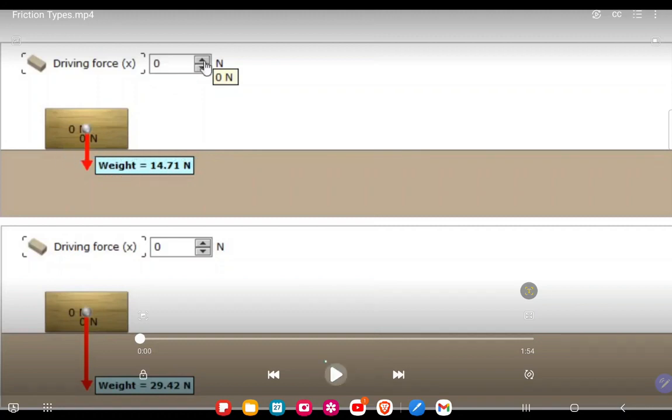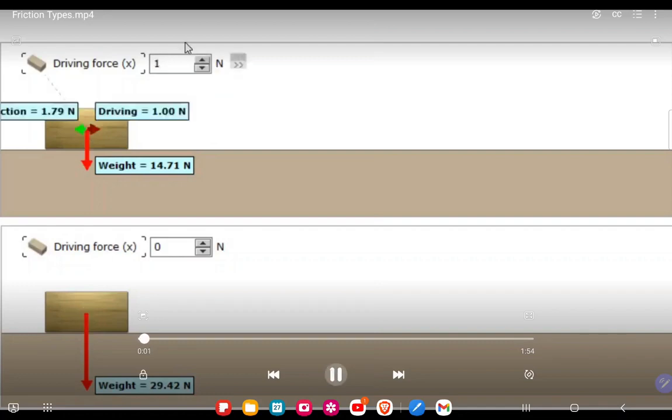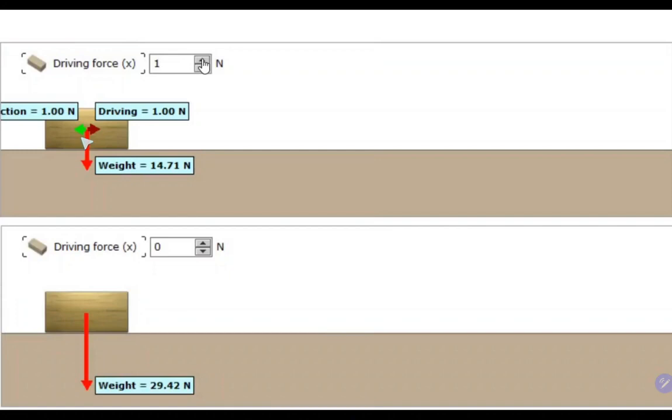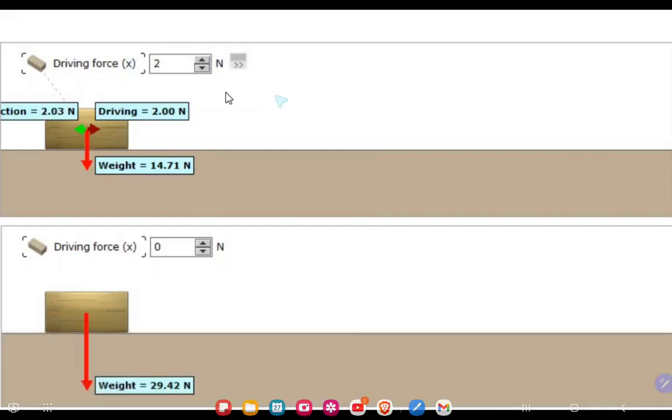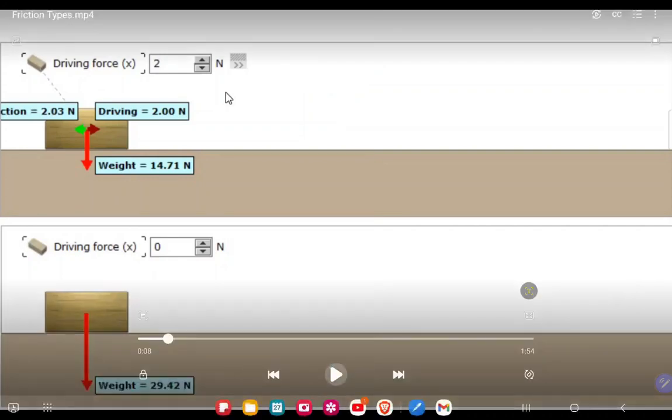Increasing the driving force here, the object is not moving because of the static friction. In this case, Fs is less than mu s n. Now keep increasing the driving force until it reaches almost 3.